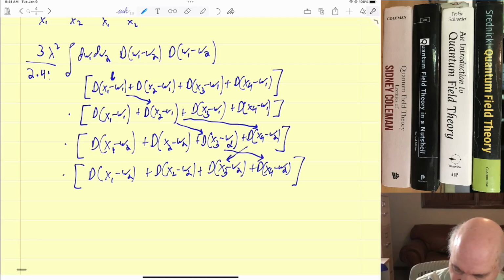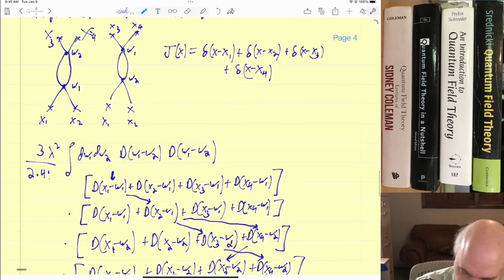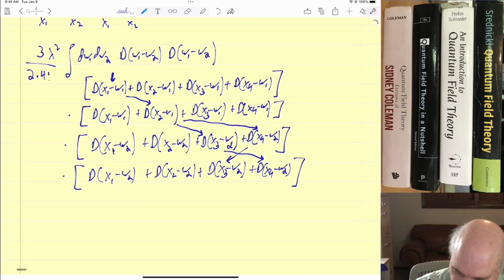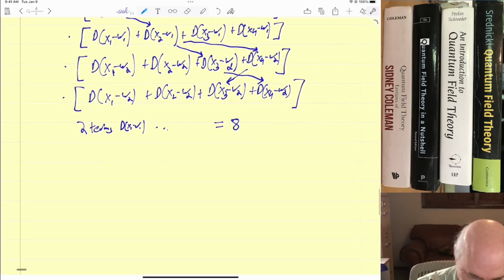Only this will contribute to the connected diagram that we want. And it's easy to see when you analyze the other terms that you'll either get this diagram or this diagram. And so this one I've drawn here has two terms corresponding to the first term. And each of the other terms is similar, so we get a total of 8. So now we get a combinatorial factor of 8.